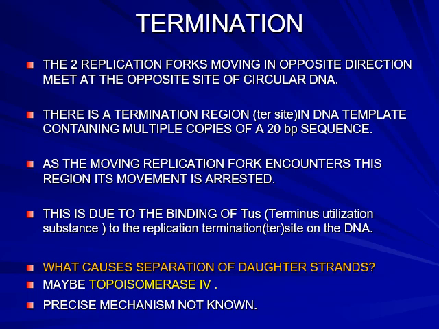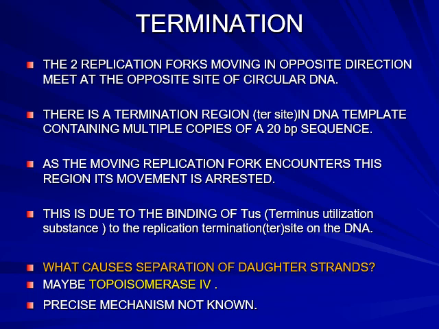The last phase is termination. So the two replication forks move in opposite directions. They meet at a site which is opposite to that of the ORIC site, and here a region is recognized which is known as the ter site or the termination region. This region contains multiple copies of a 20 base pair sequence.